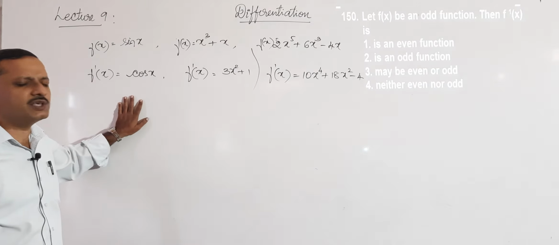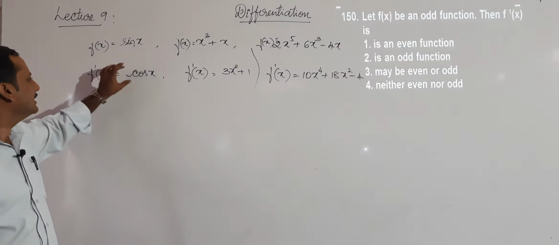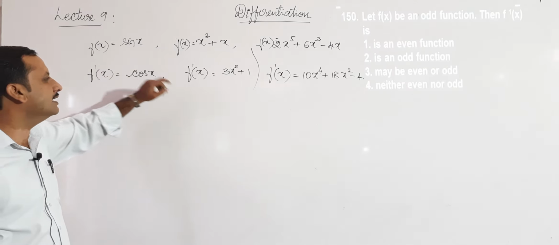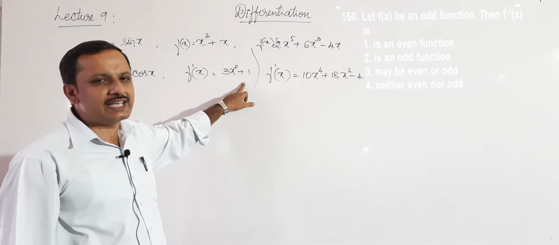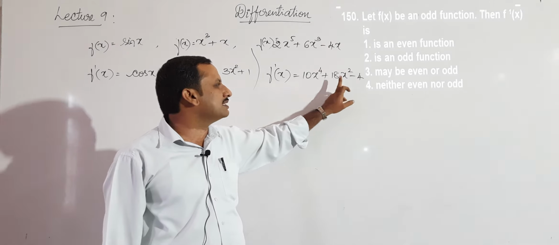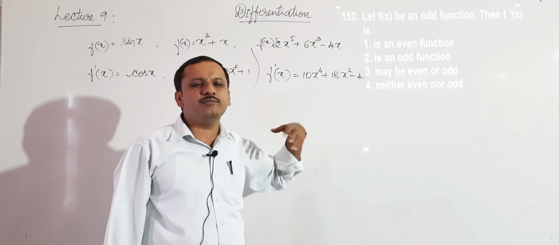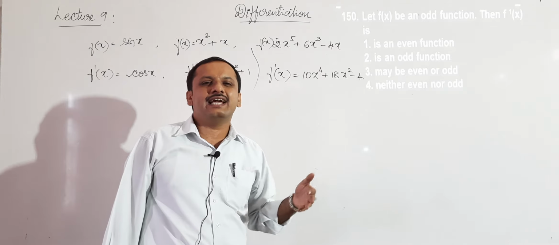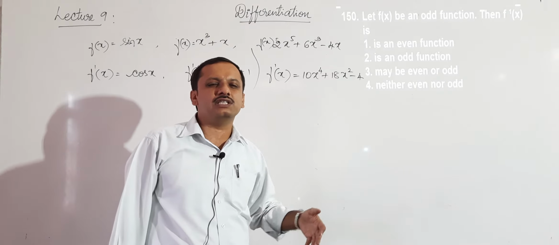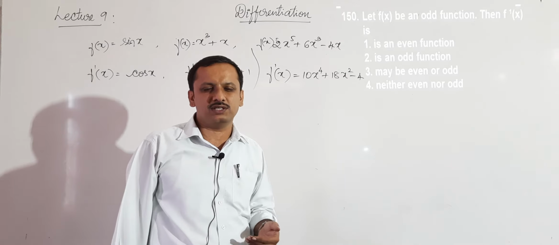Okay? Now you observe this cos x, what kind of function it is? Cos x is an even function. 3x square plus 1 is an even function. 10x power 4 plus 18x square minus 4, this is also an even function. So from this we observe that the derivative of an odd function is an even function.